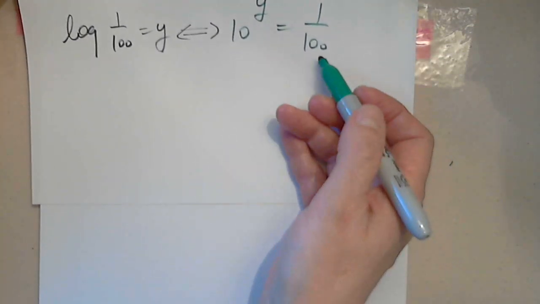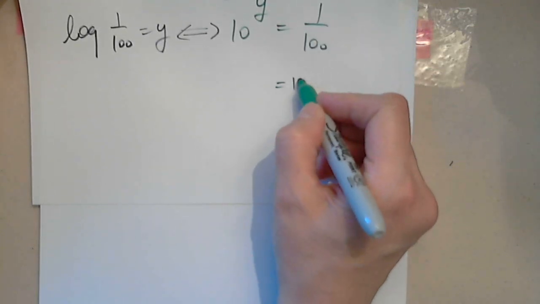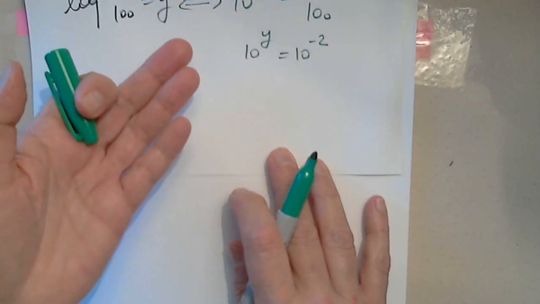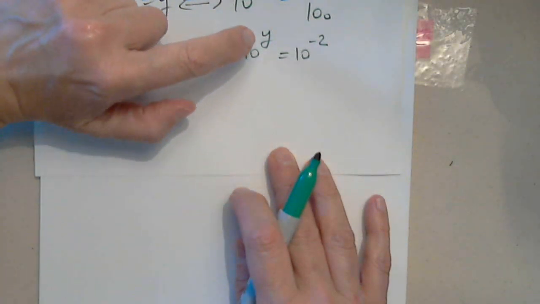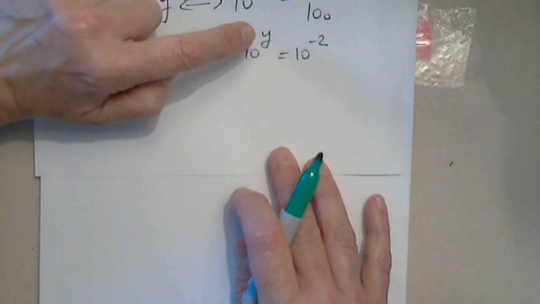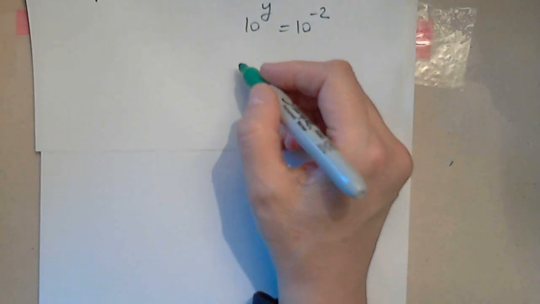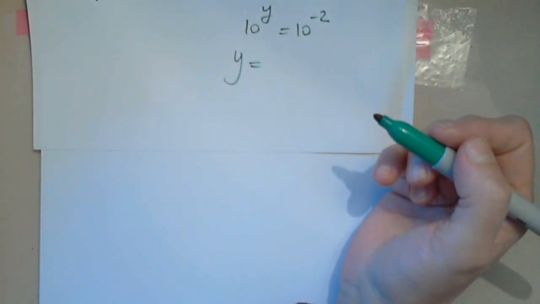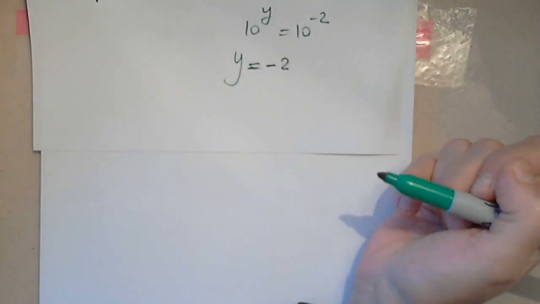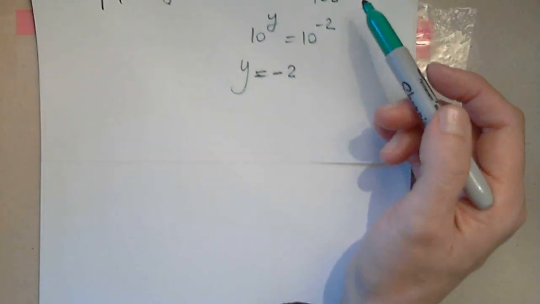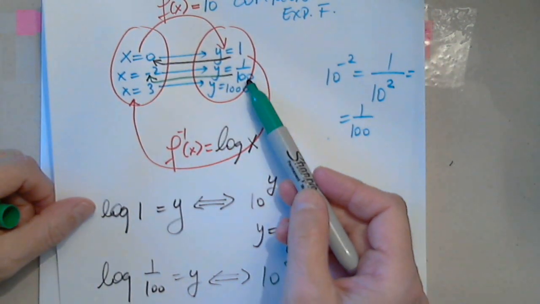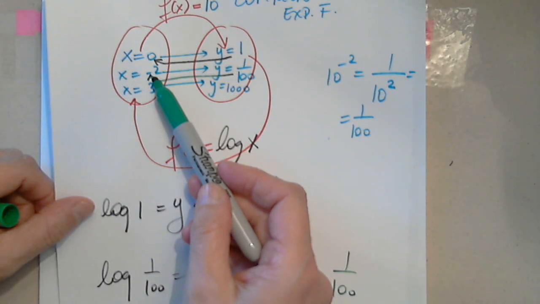So obviously this can be changed into 10 to negative 2 because it's easier now to identify what y equals. There is only one number we raise 10 to get 10 to negative 2. What could that be? Negative 2. 10 to negative 2 equals 10 to negative 2. Very good. So when we apply log to 1 over 100, we recover negative 2.